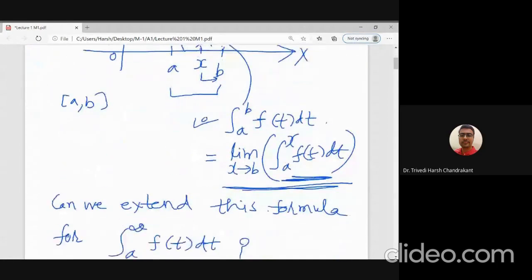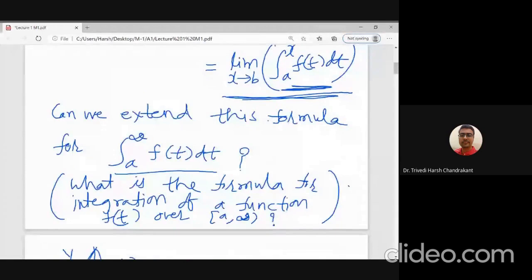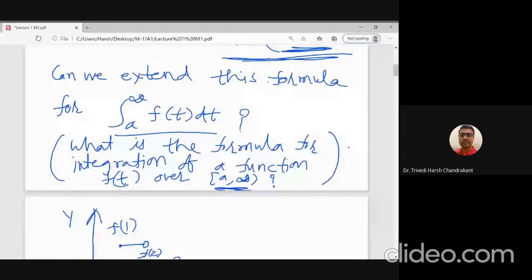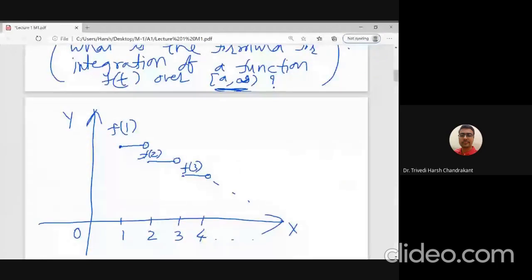So the question is, can we extend this formula for the interval which is infinite? So the interval is starting from x equal to a to infinity. To observe this particular formula, let us see one particular example of a function.